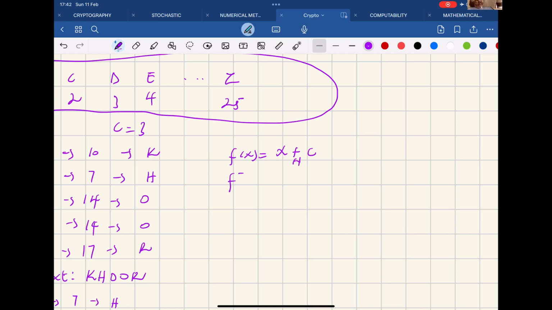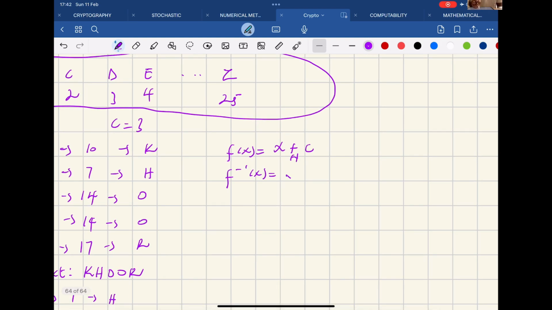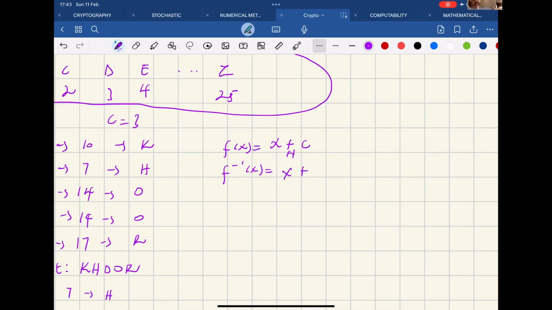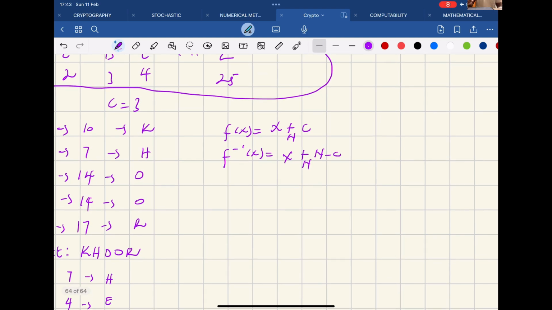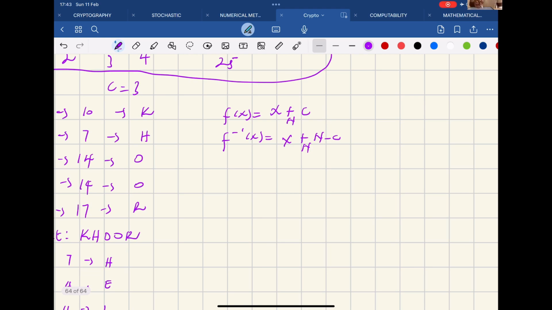Now, if you want to decrypt this, f inverse will be equal to x plus n minus c, in modulo n, right? So in our case, our f of x is equal to x plus 3, remember the key we were using is 3, in modulo 26.